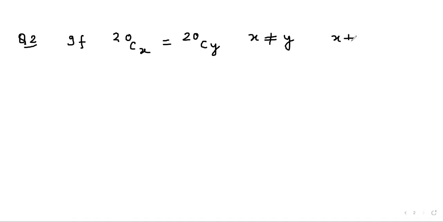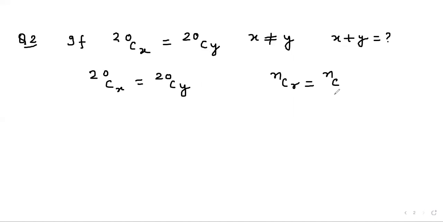Question number 2 says, if 20Cx equal to 20Cy and x does not equal y, then what is the value of x plus y? So 20Cx equals 20Cy. We know that nCr can be written as nC(n minus r).